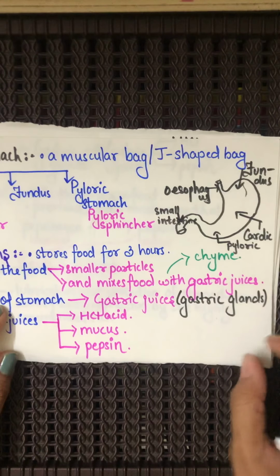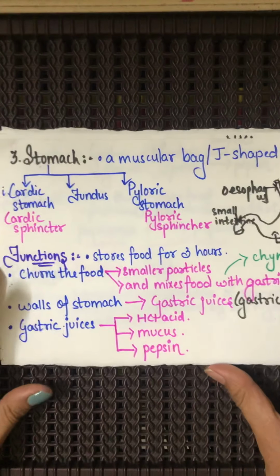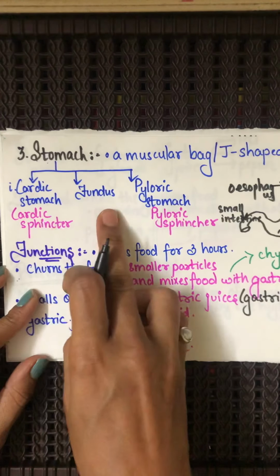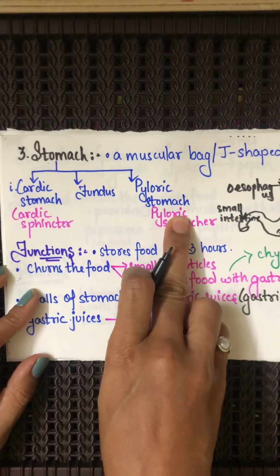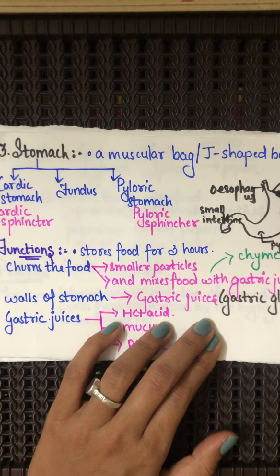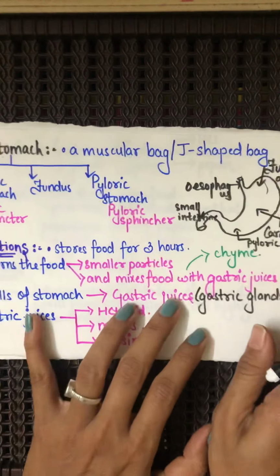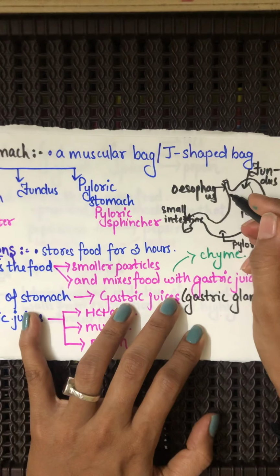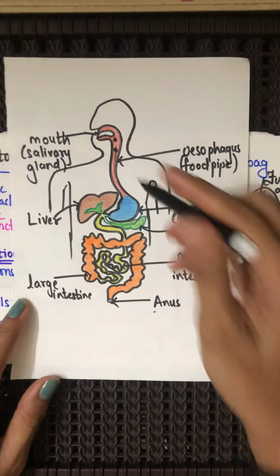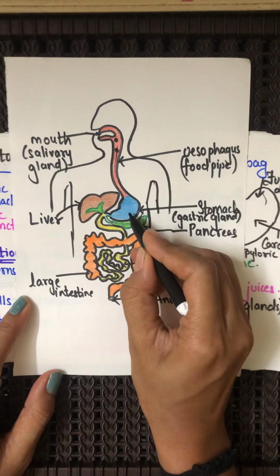Yes. So basically, the stomach is a muscular bag or a J-shaped bag which is divided into the cardiac stomach, the fundus and the pyloric stomach. Now talking about this opening of the stomach. From the esophagus, the food enters into the stomach.